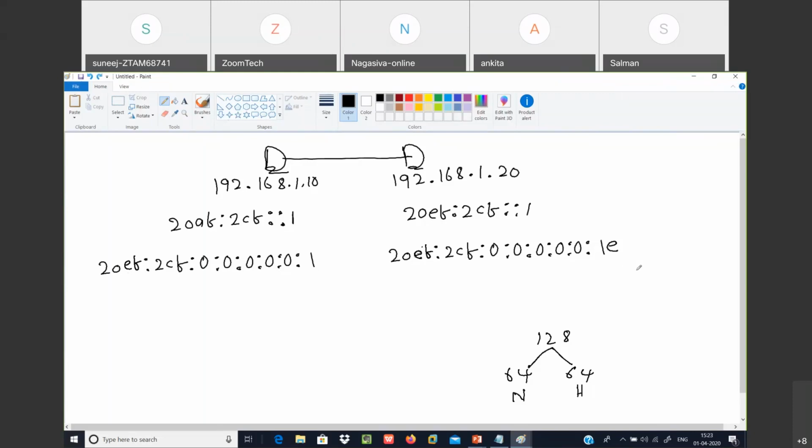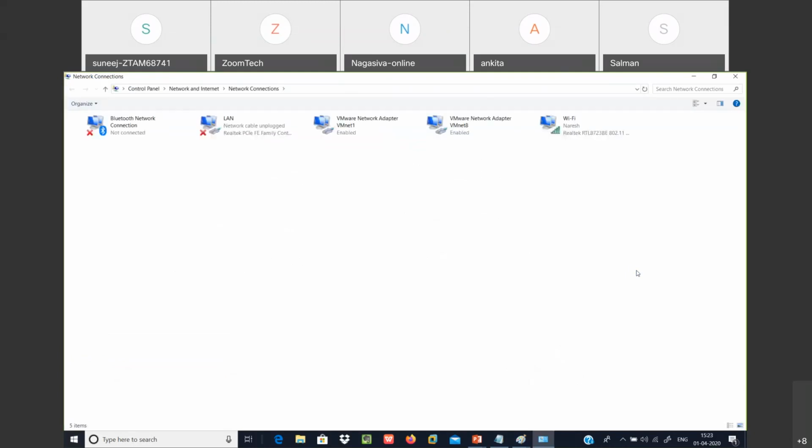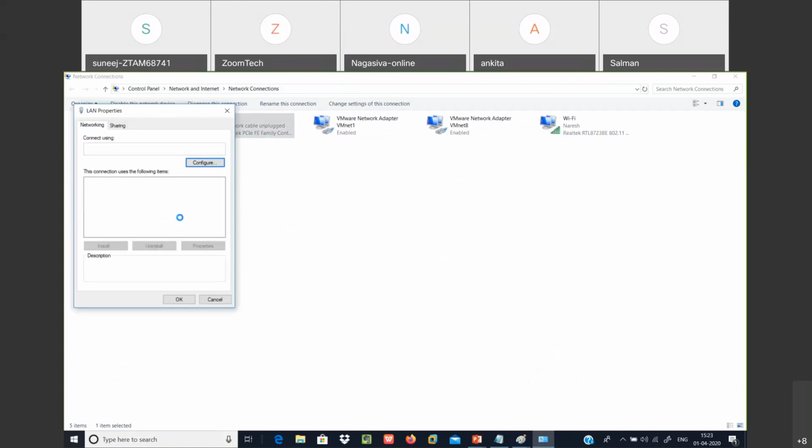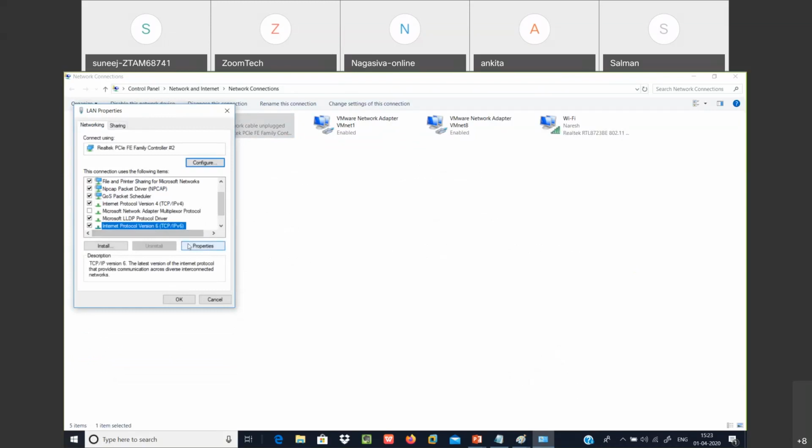Let me show you how to assign an IPv6 address for your computers. Just like how we assigned the IPv4 address, it is the same for IPv6. Right click on your LAN adapter, go to properties, and instead of clicking on IPv4, click on IPv6 and go to properties.